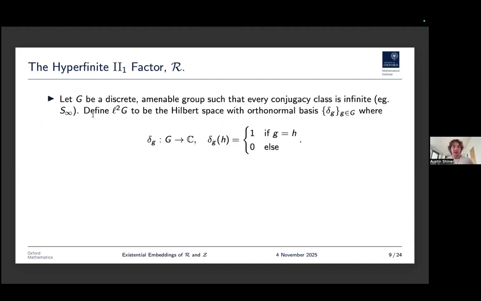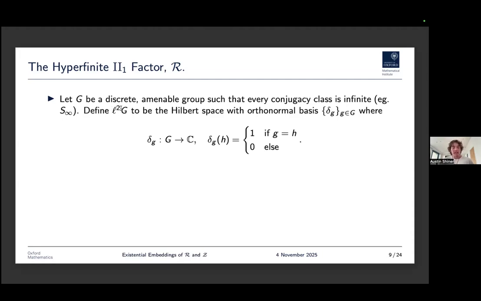One other construction that I'll bring up is: suppose we start with a discrete amenable group G, and suppose G has the property that every conjugacy class of G is infinite. One such example is S infinity, the permutations of the natural numbers that have only finitely many indices that aren't fixed.